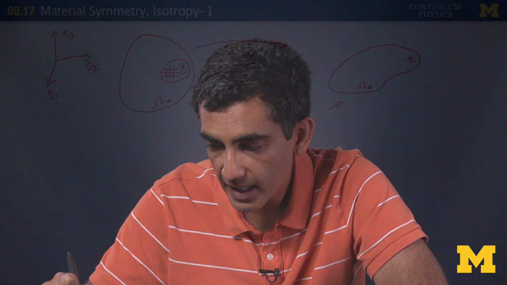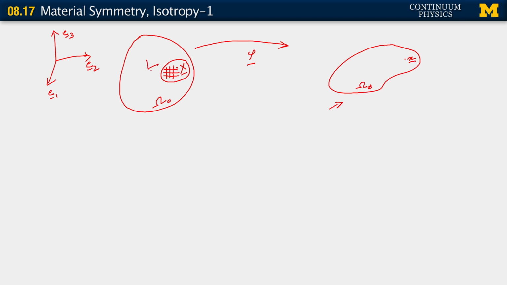Okay? All right. Now we say we want to do something to the reference configuration. Okay? And this is important. This is an important difference from what we did earlier when we were making our arguments about material frame invariance, when we did things with the current configuration. All right? In particular, what we want to do is the following. We want to say that these axes that I've drawn outside, the bases that I've drawn outside, let me suppose that I actually scribe the same basis or the same coordinate system on the material here.